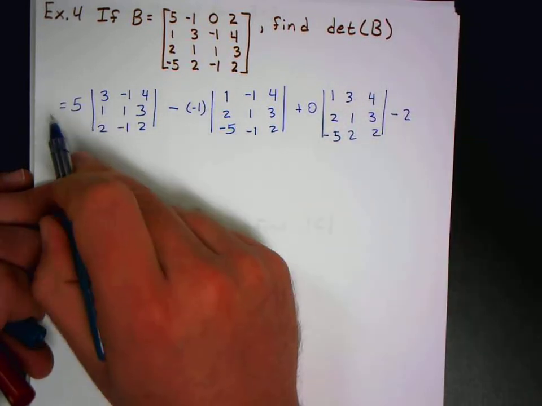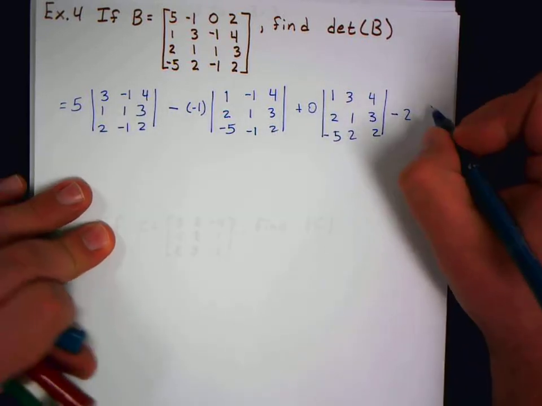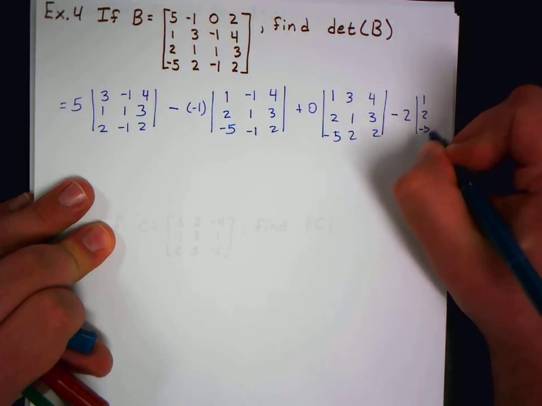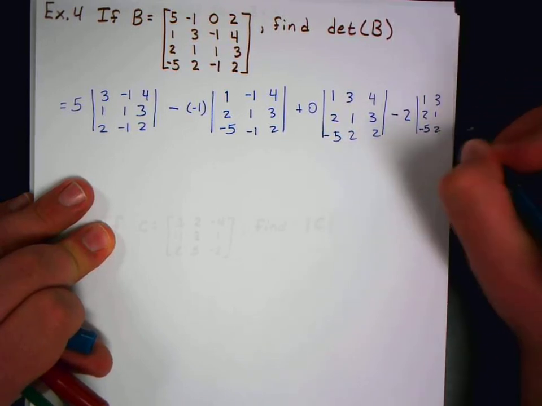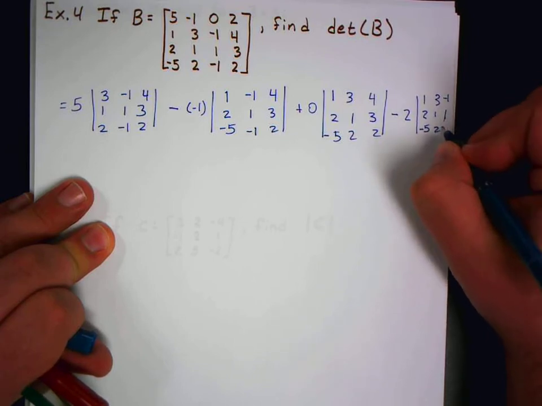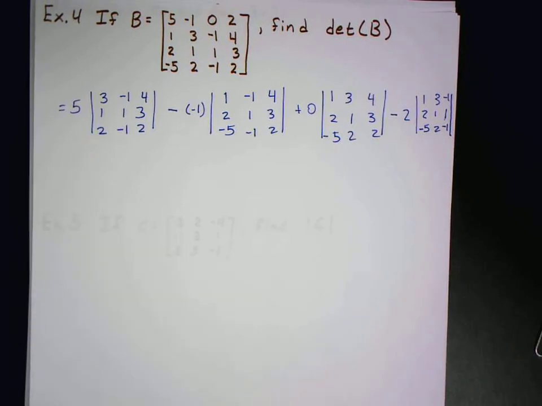So each time you go, you keep alternating signs. Plus, minus, plus, minus. Okay, so that's the first step.